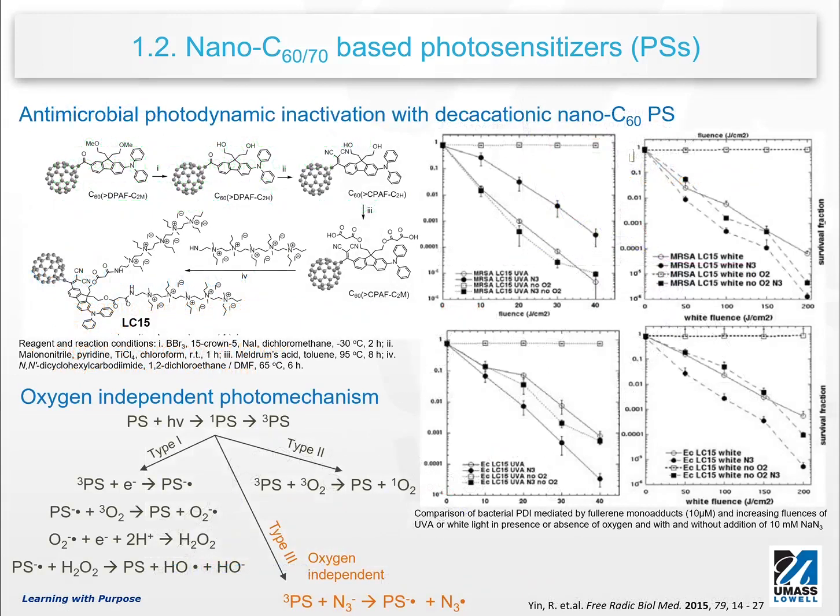Based on all this previous research, we later on synthesized this molecule. It's still a C60 DPAF based molecule with a dicyano group, which gives the whole system a maximal absorption around 500 nanometer, and we also use the cationic amino chain to increase its solubility and also the targeting ability on the bacteria, because we know that cationic charge will help the drug to target the bacteria.